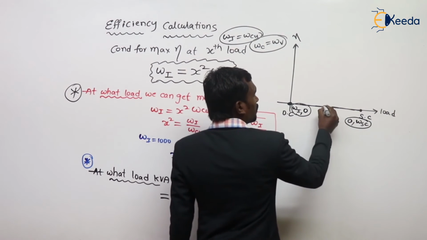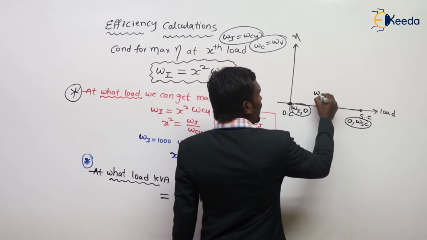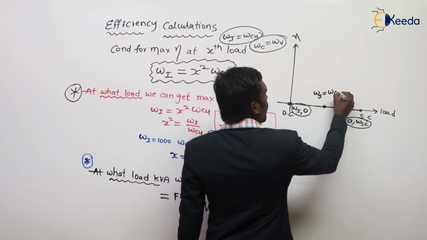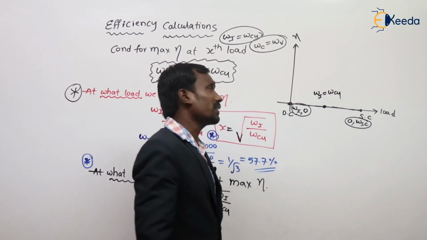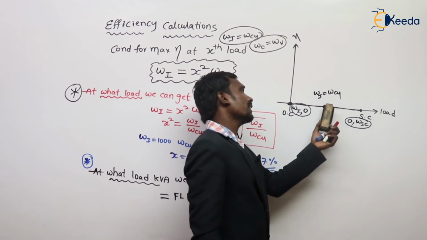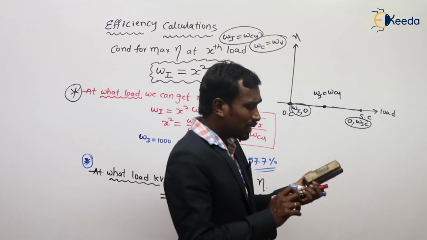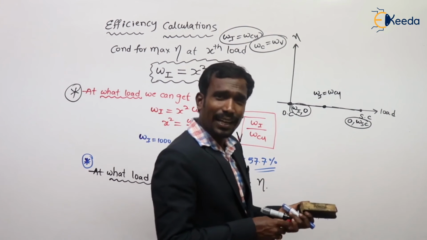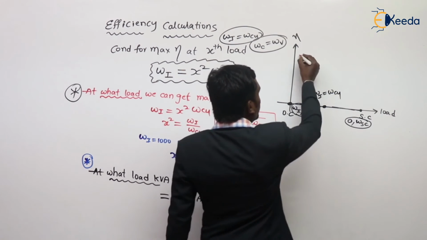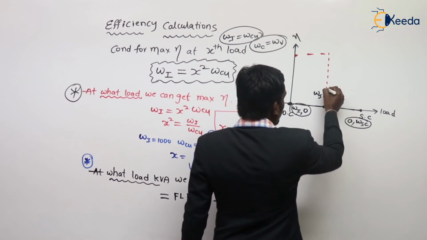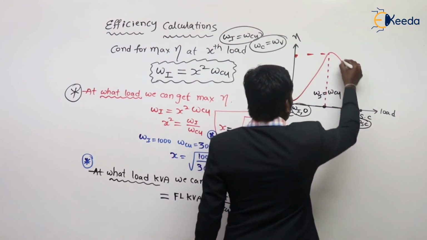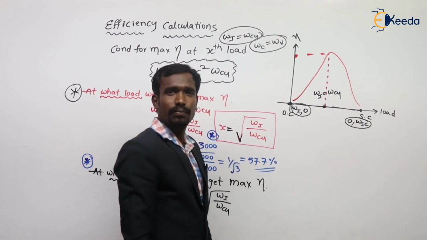But at some point, iron losses equals copper losses. At that particular point, we can get the maximum efficiency.